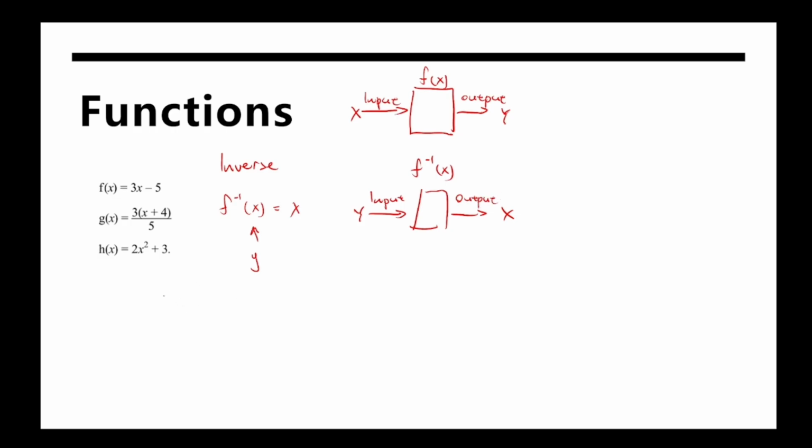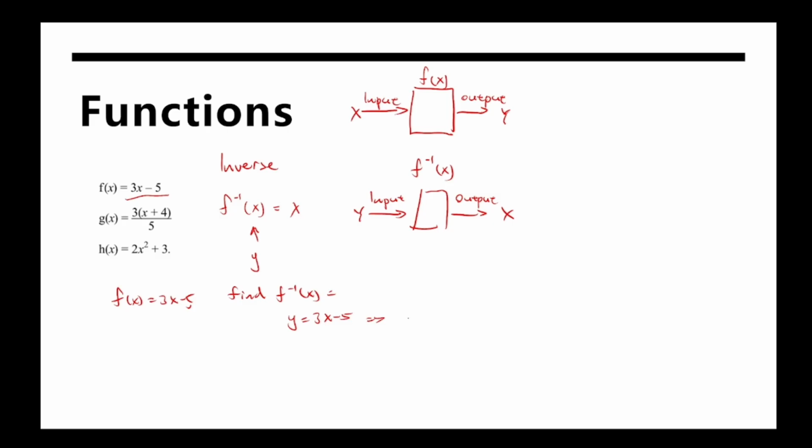So how to find the inverse of a function? You just simply change its subject. For example, we have f(x) equals 3x minus 5. We want to find the inverse of f(x). We change the subject from x to y. So y equals 3x minus 5.